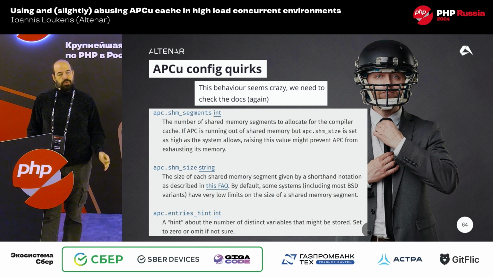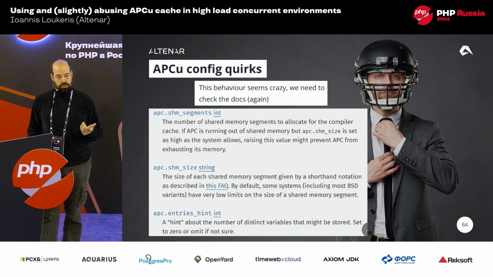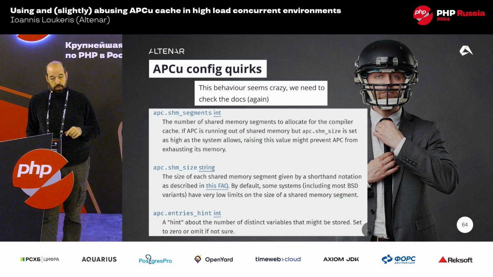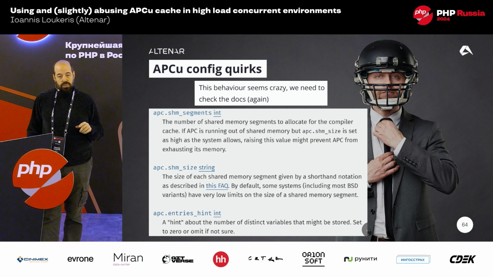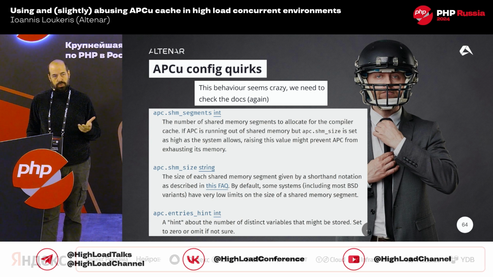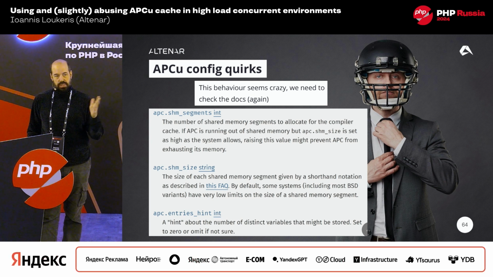So this behavior is a little bit crazy, right? We need to check the docs. This is a screenshot of the actual PHP docs. So SHM segments is how many memory segments you have when you're using mmap, which is basically what every modern Linux distribution uses. This doesn't count. You have only one segment.